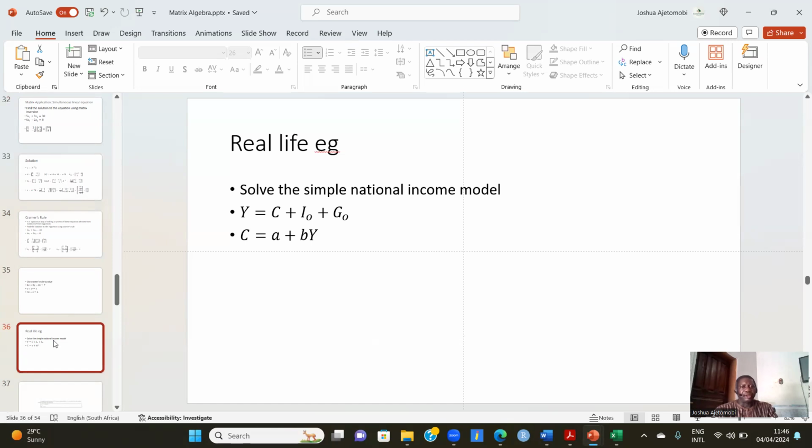What I want to do now in the next slide is to show you clearly how to operationalize all these matrix operations, addition, subtraction, scalar multiplication, inverse, getting determinants, and lots more using our software.